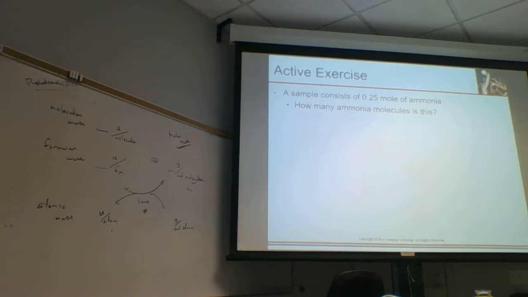Like 1 dozen of anything is how many of those things? 1 dozen would be 12. 1 mole would be 6.022 times 10 to the 23rd ammonia. Now, is this molecules or formula unit? Well, in this case, we could say molecules because ammonia actually forms molecules.